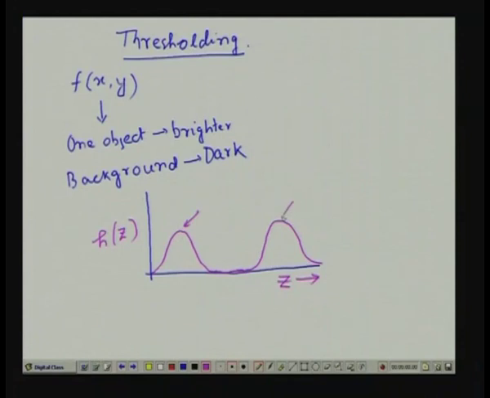So, for such a bimodal histogram, you find that there are 2 peaks, one peak here and the other peak here, and these 2 modes or peaks are separated by a deep valley.